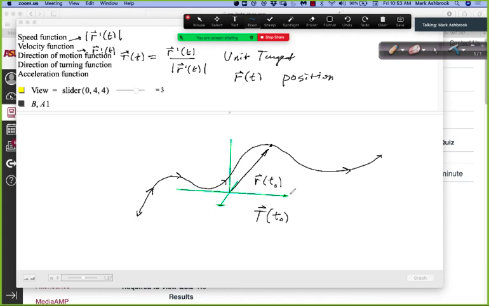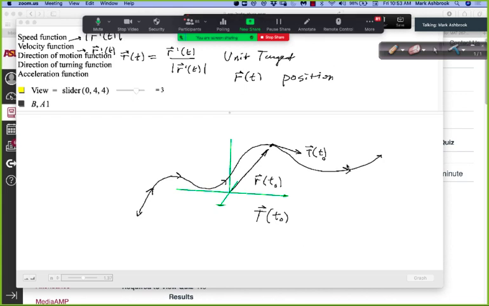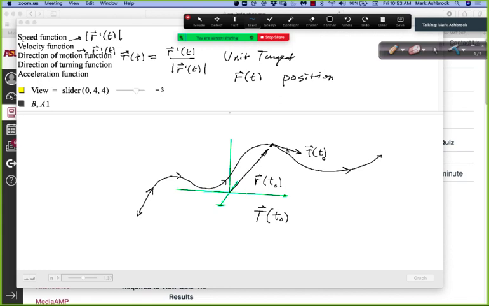So 3. Yeah, 3, maybe 4, so it's kind of bending down there a little bit. So if I just care about the direction, that would be my unit tangent vector at t naught.